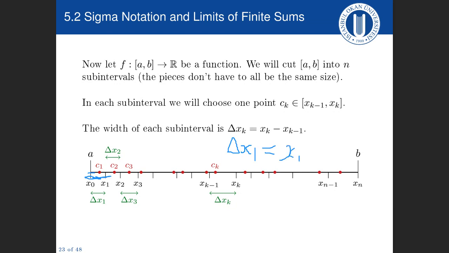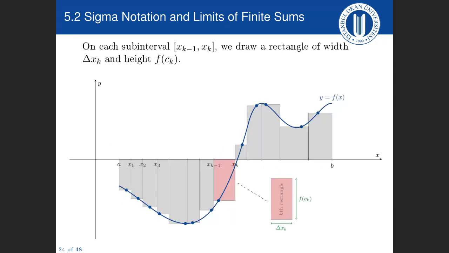So that's going to be x1 minus x0. On each one of these little subintervals, we're going to draw a rectangle which has width capital delta xk and height f of ck. So we're going to have a picture that looks something like this. For the kth rectangle, we have a rectangle of width delta xk and height f of ck.